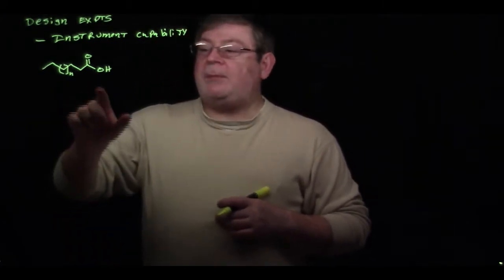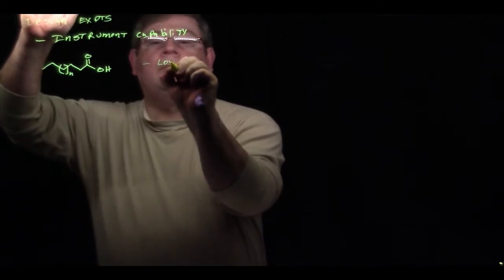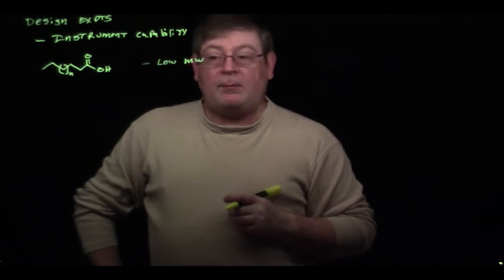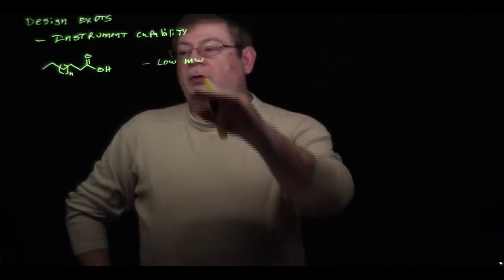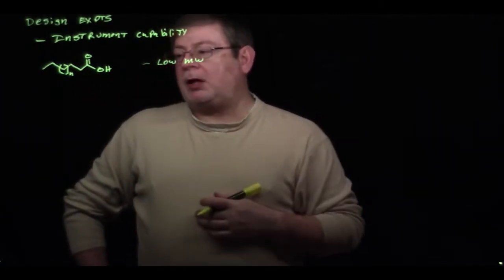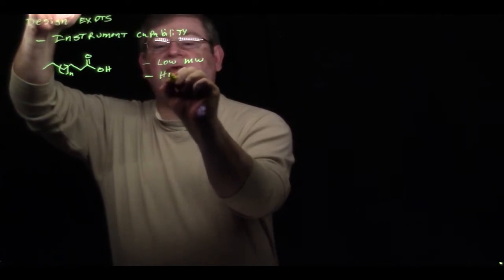Obviously, they're typically relatively low molecular weight, which might suggest that electrospray or APCI might be the way to go as opposed to MALDI. So we know that they're low molecular weight species. We have a variety of different molecules in there, so we might want to separate them using something like HPLC.